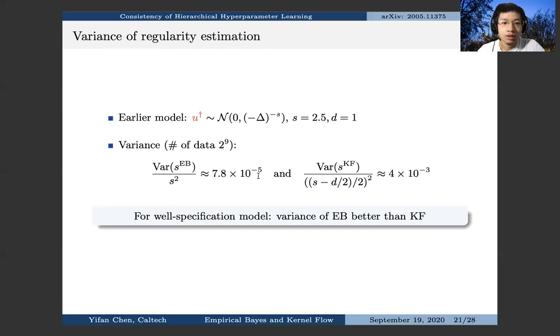So that means if we are doing this well-specified model, the Matern class model, we need to choose empirical Bayes because it will lead to an estimator that has better variance. I think this phenomenon is not that surprising because in statistics, people usually think that the maximum likelihood will have optimality in terms of the optimal variance among a lot of models.